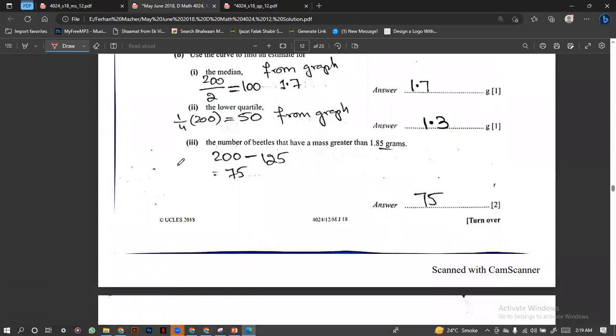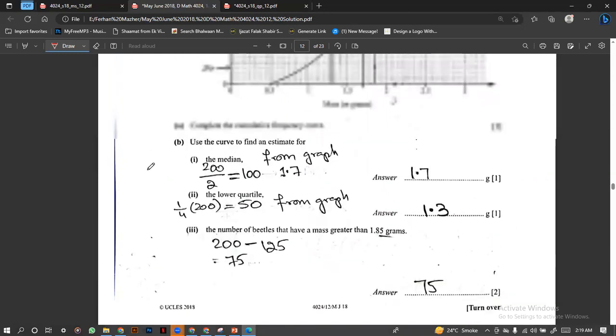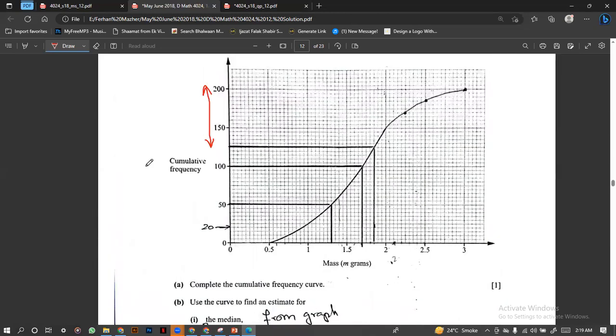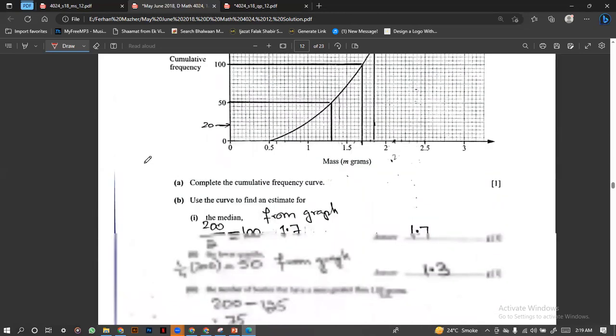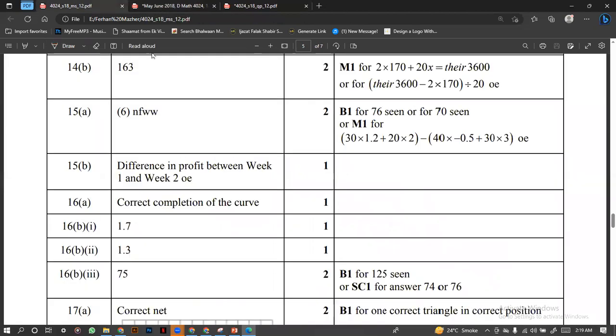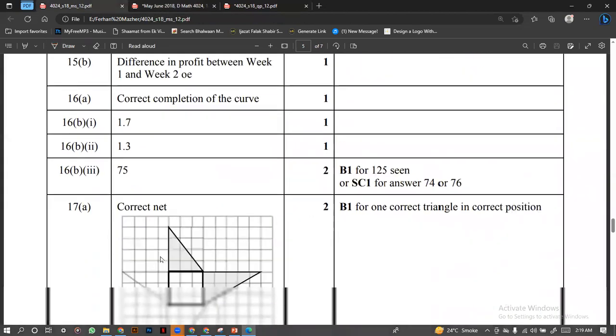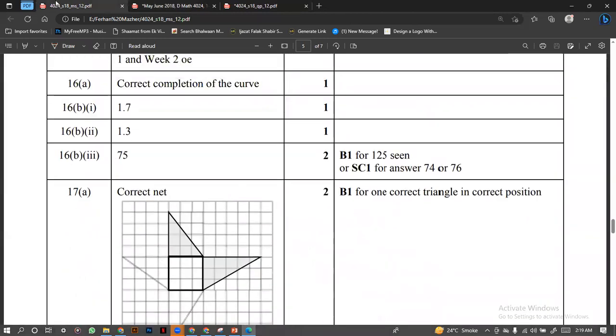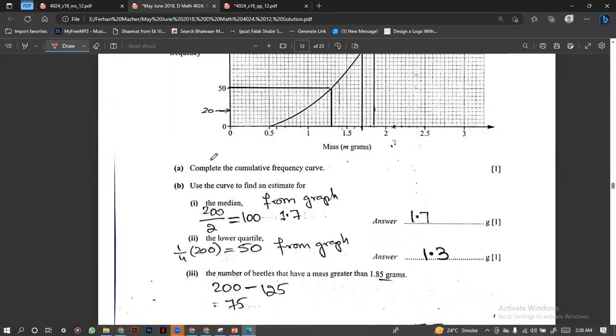At 1.85, it is 125 on the y-axis. So from 200, I will subtract 125 and I will get 75. So 75 is the answer, sir. This is coming from the graph, that cumulative frequency curve. So this is how this is done.